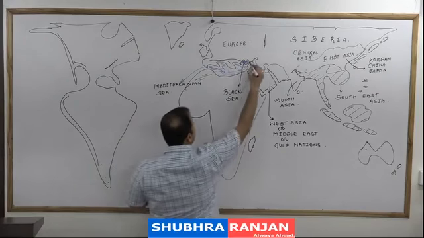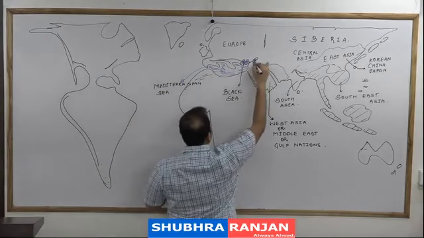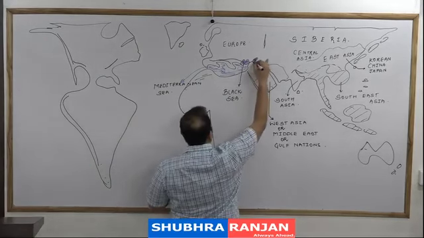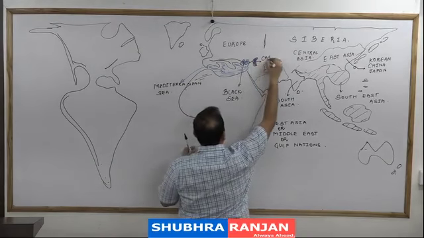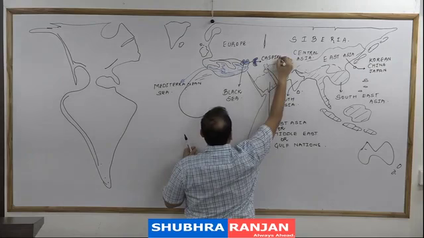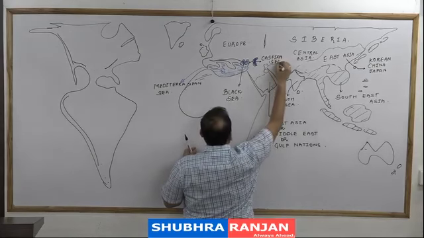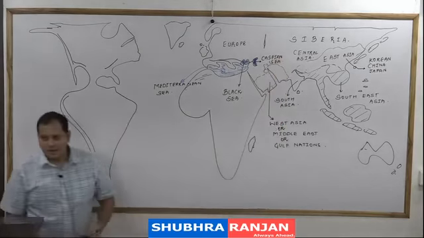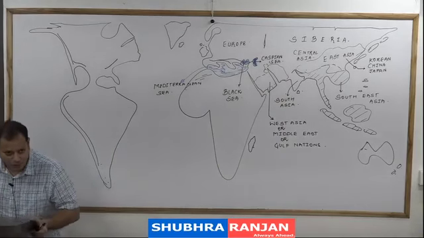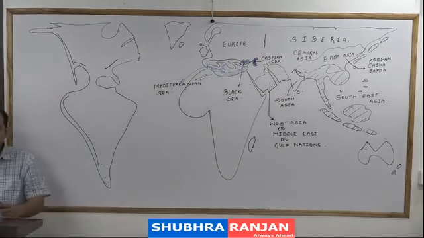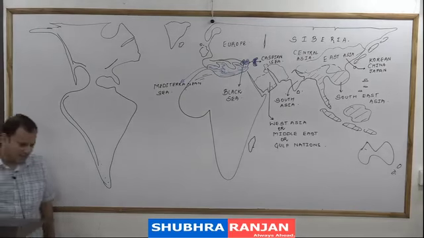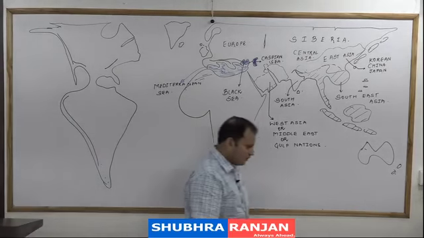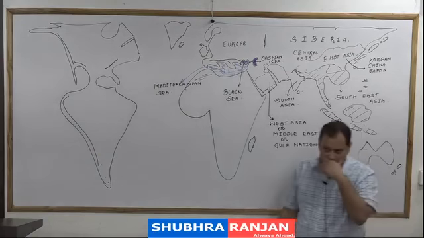And surrounding this water body is the Caspian Sea. So when you note down, Caspian Sea is the world's largest lake.